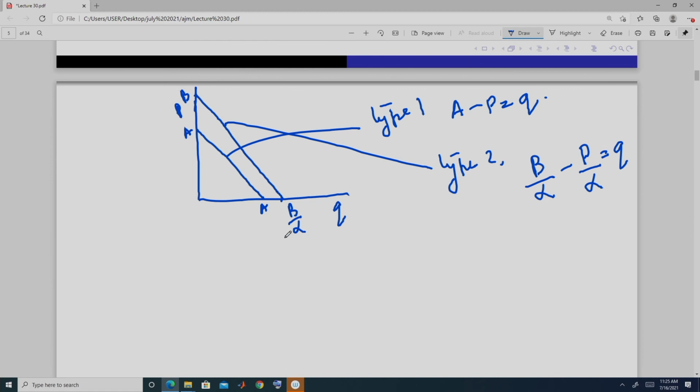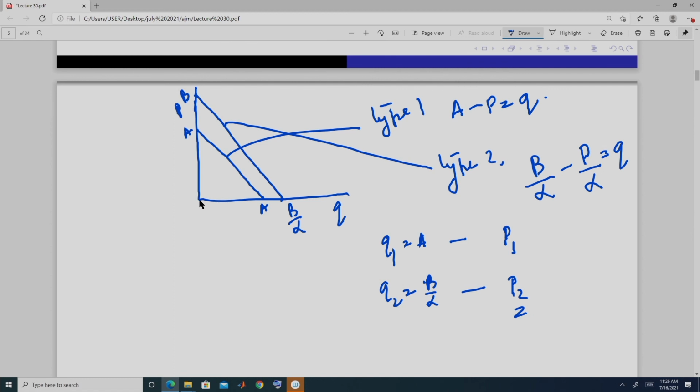Now, the monopolist can sell one bundle for type 1 at some price P1, and then for type 2 it can sell this amount at some price P2.